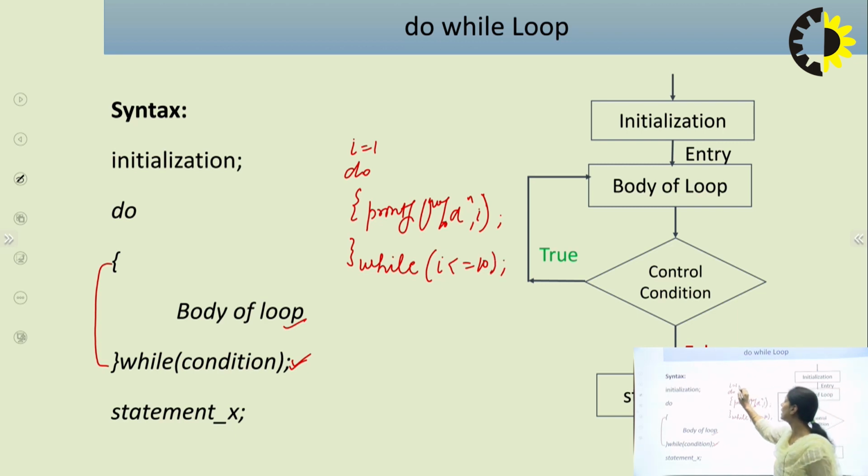So here when I is equal to 1, it will print I, then we have I plus plus also. It will increment and then only it will check the condition.